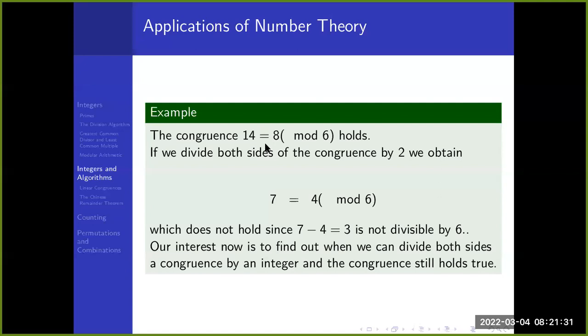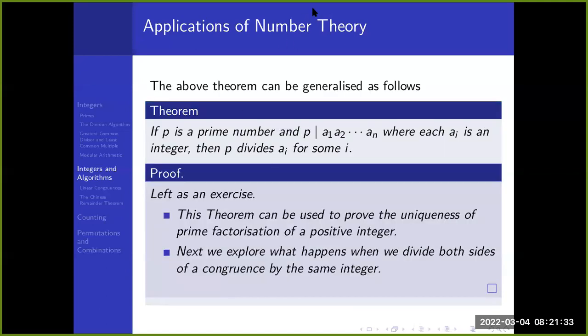So as we said, there's this last statement in this slide. It says that we need to explore what happens when you divide both sides of a congruence by the same integer.